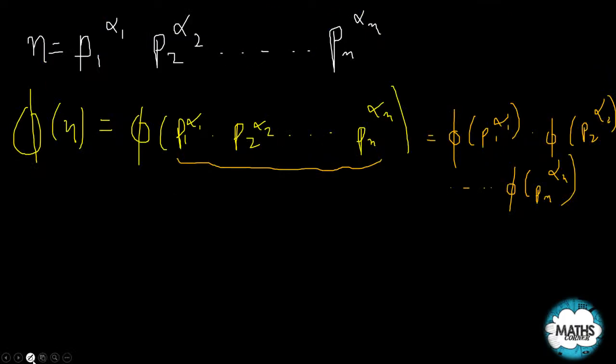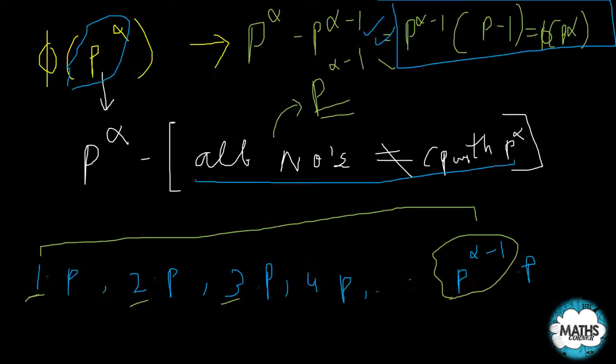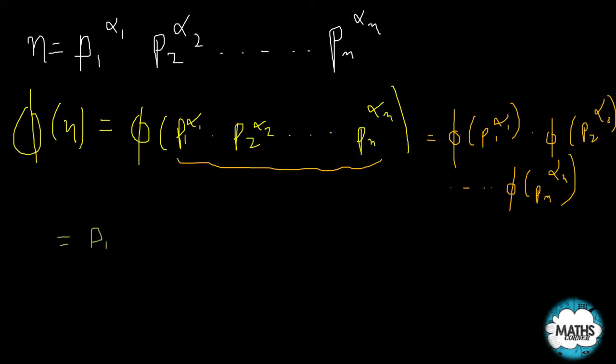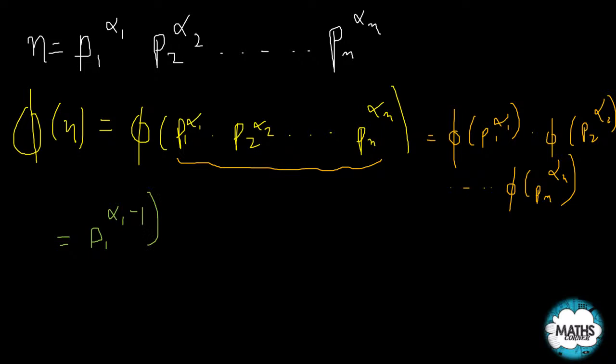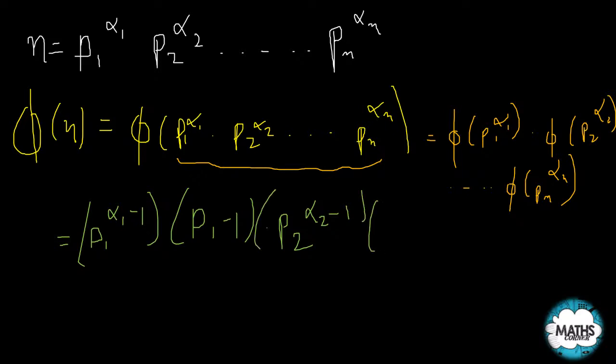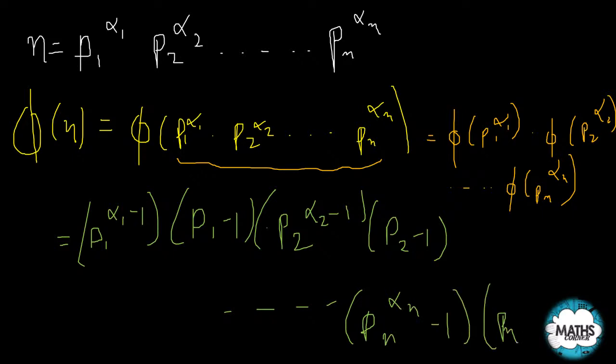Now what will be my phi of p1 to the power alpha 1? I will use this: p1 to the power alpha 1 minus 1 into p1 minus 1, into p2 to the power alpha 2 minus 1 into p2 minus 1, and so on, till at last I get phi of pn to the power alpha n, which will become pn to the power alpha n minus 1 into pn minus 1.